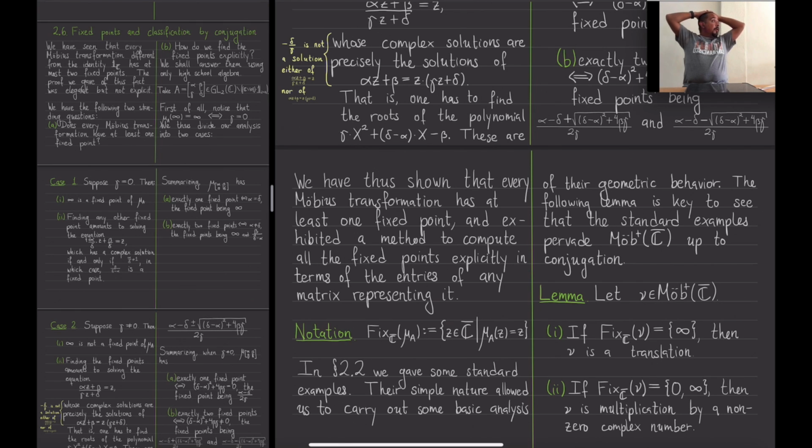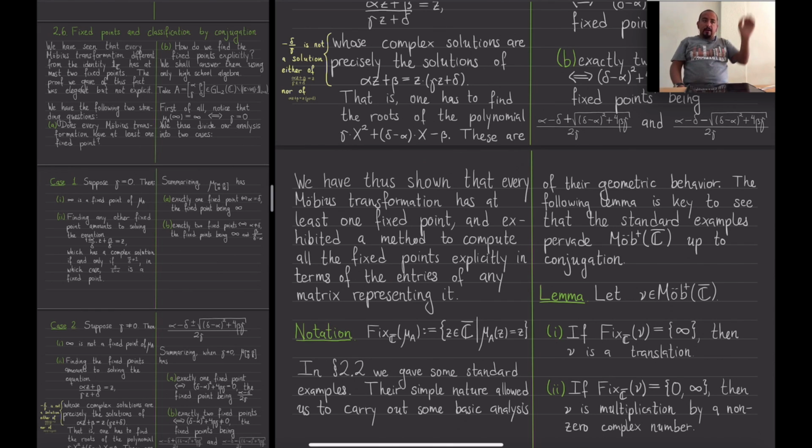Okay, now what I'm going to do next is, if you give me a Möbius transformation which is not the identity, I'm going to look at its fixed points and use them to conjugate. If my Möbius transformation has only one fixed point, I'm going to use it to conjugate and obtain a Möbius transformation that fixes infinity.